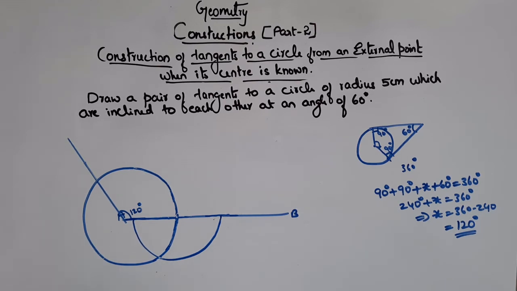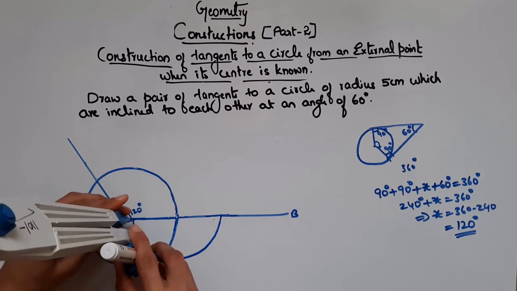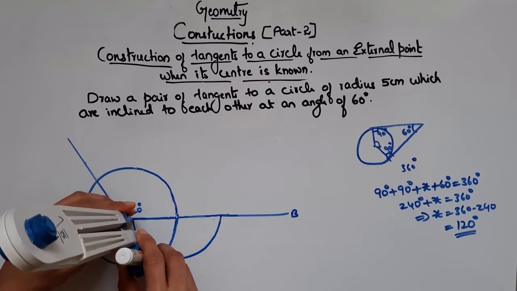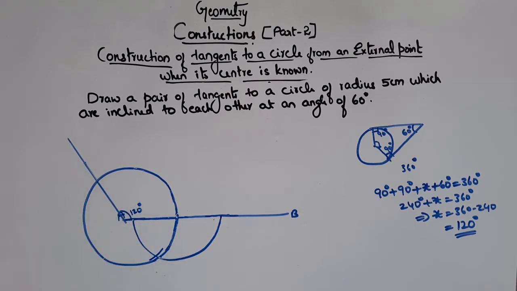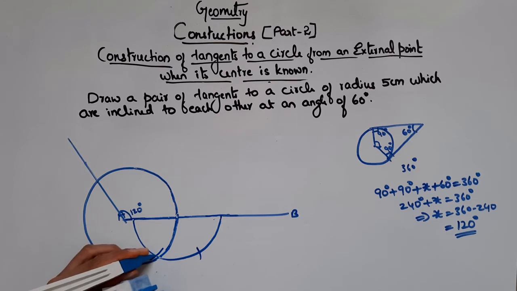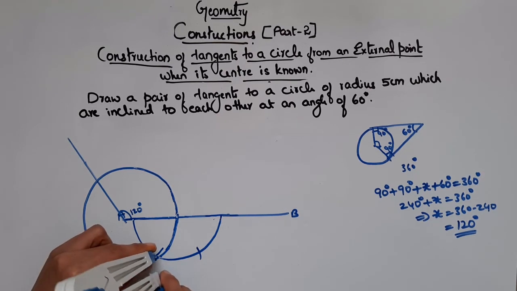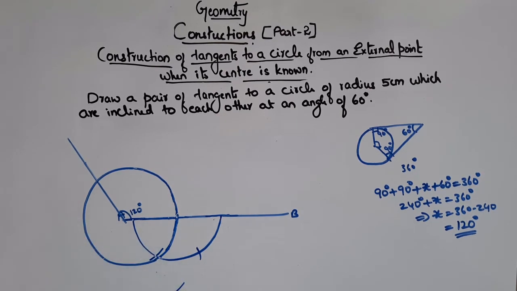Now you will take a compass, same measure, keep the compass at this point and cut this semicircle. So one more cut from this point like this. Now you will take the same length from this point, and cut like this.